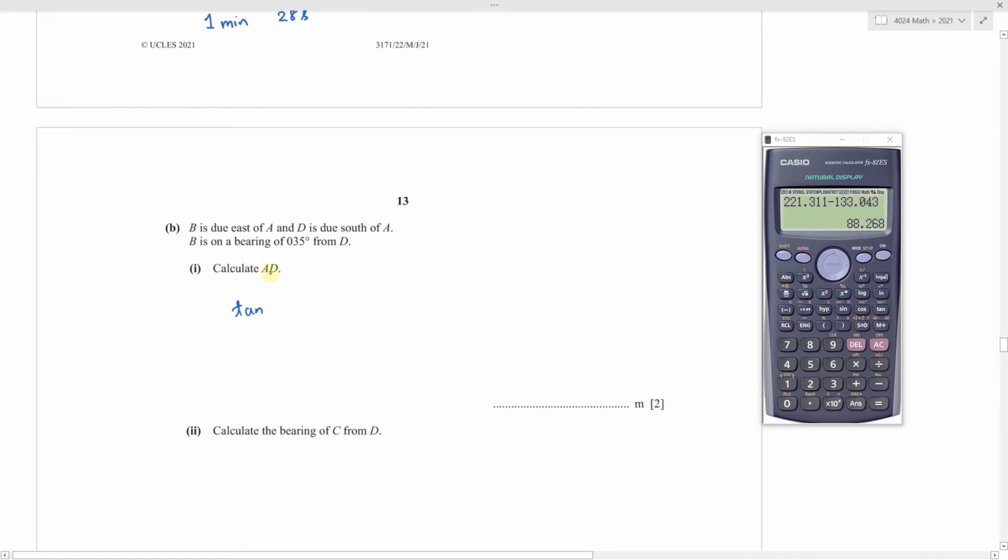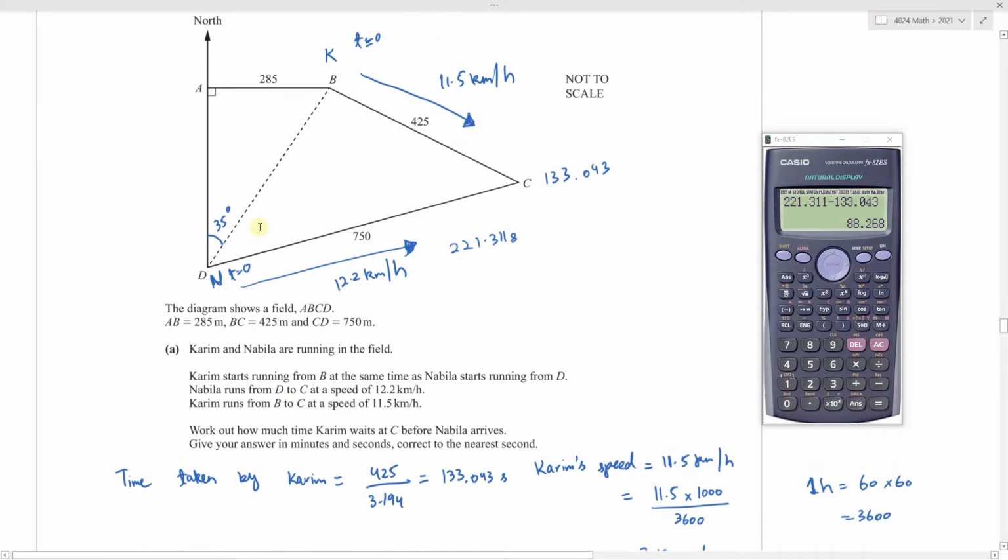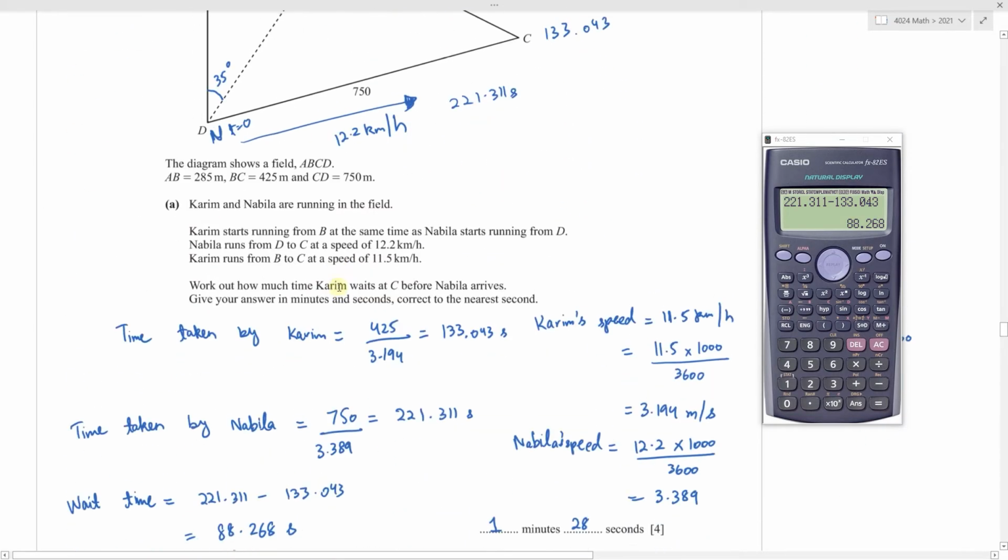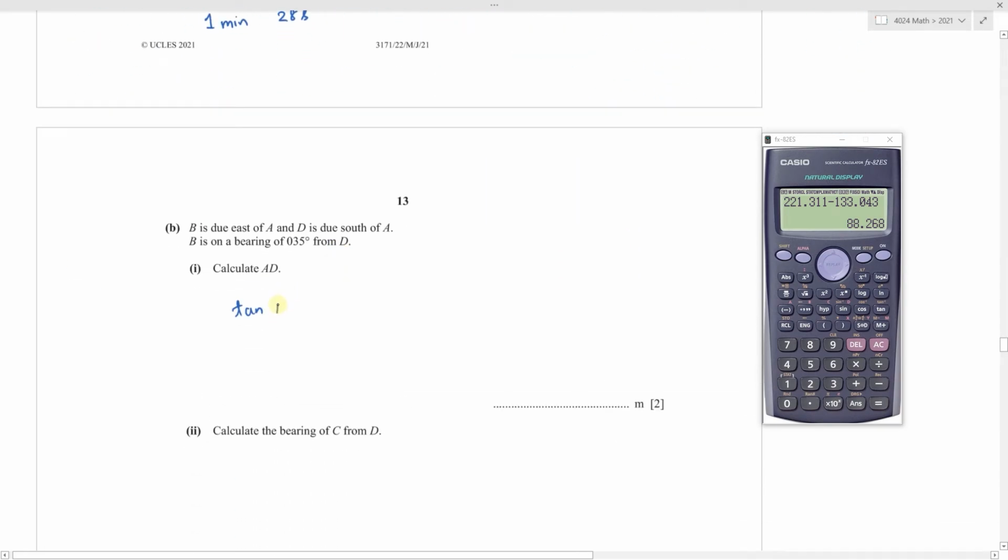Tan of angle ADB will be equal to the perpendicular, which is AB, divided by the base, which is AD. So AD will be AB divided by tan of ADB. AB is 285 and this is tan of 35.